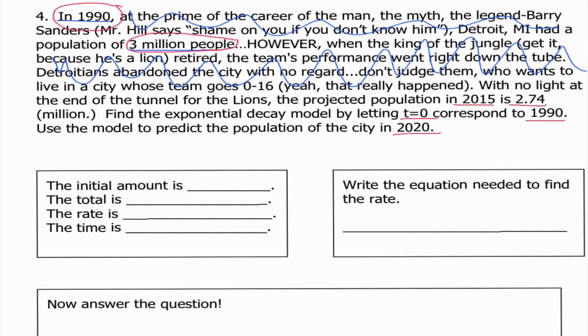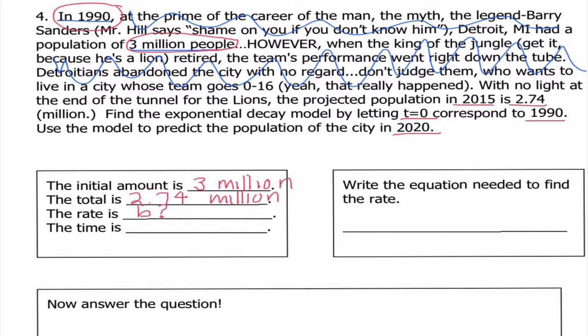This can be a little bit confusing, so I want to start by putting some information down. We know that the initial amount is 3 million. The total is 2.74 million. And what's weird this time is we do not know what the rate is. Okay, b is our unknown. Now our time.